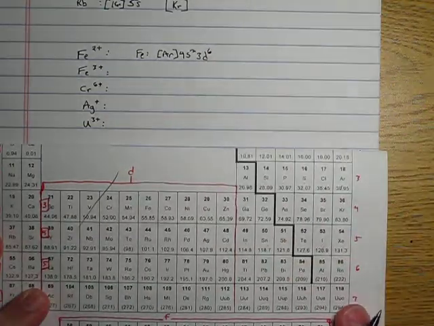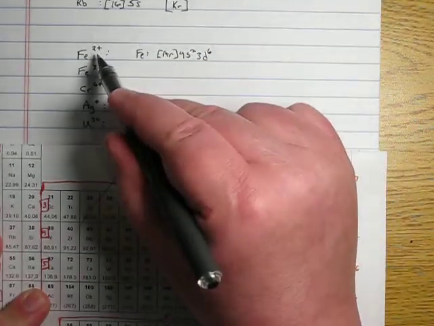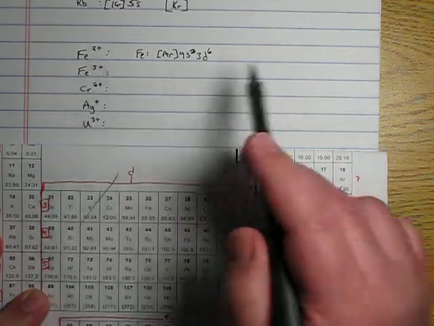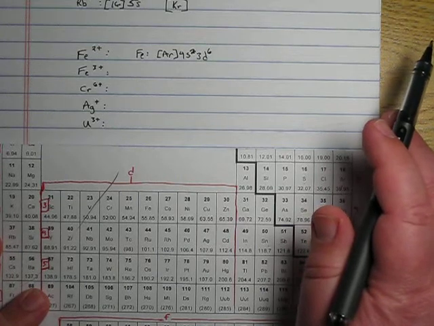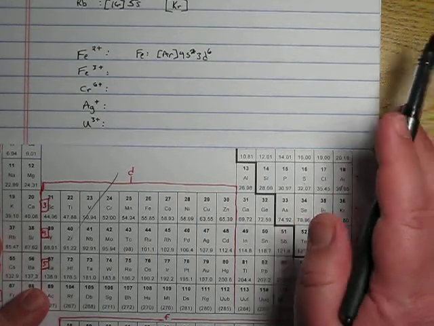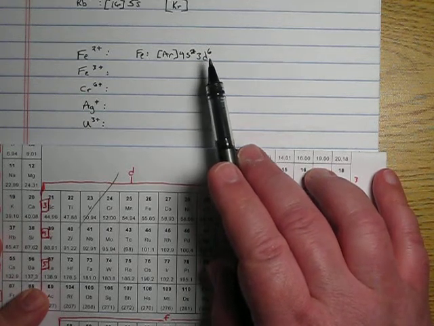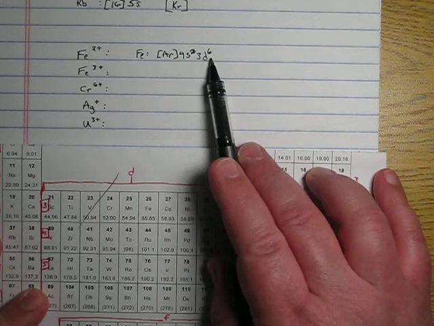So there's the electron configuration of iron. The next question is, when we make iron 2+, what 2 electrons are going to leave? Now, what your mind is probably telling you right now is, well, since we put in these d electrons last, perhaps 2 of these d electrons leave to make this 3d4. Turns out that's not the case.